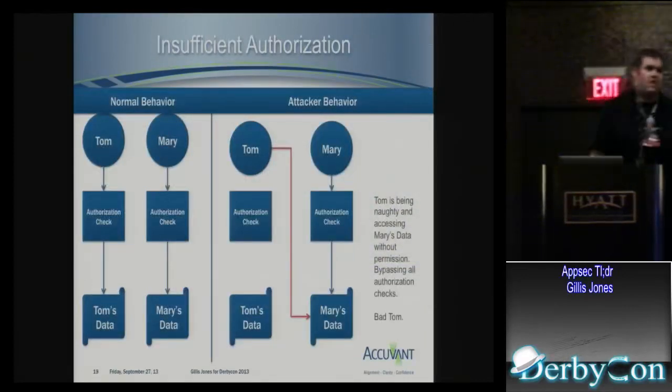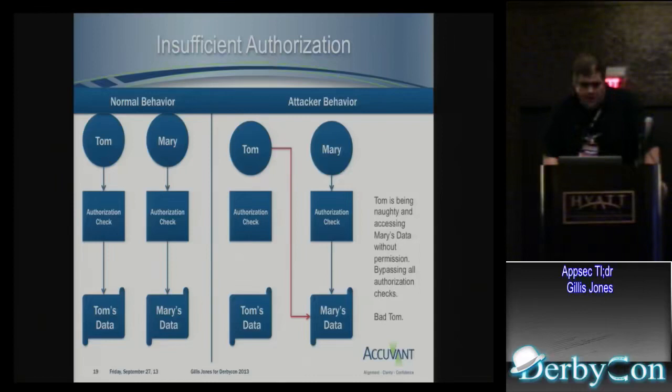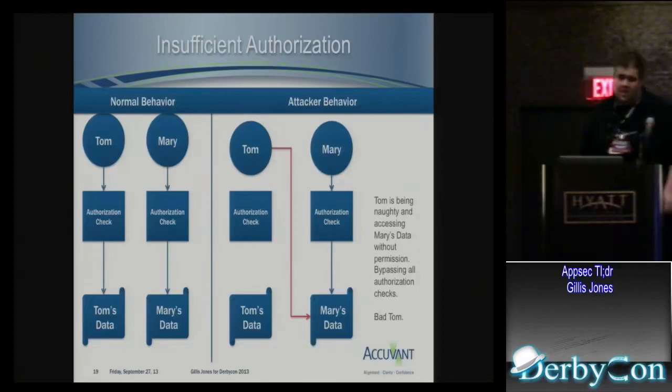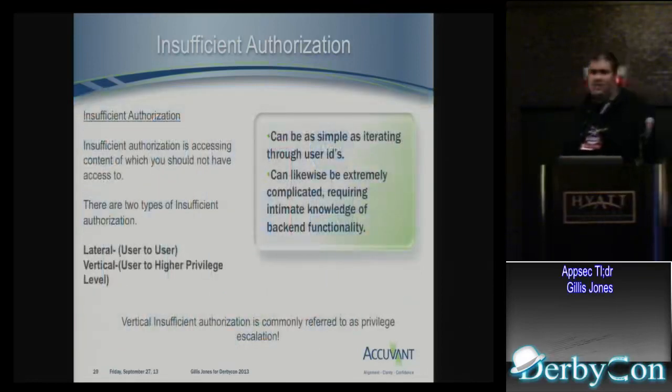Insufficient authorization is basically, typically you do an auth check as Tom to access Tom's data. Now, in this case, Tom is doing an auth check, but he's actually accessing Mary's data instead. Now, this is really bad because Tom shouldn't be able to see Mary's data. Not only because it's Mary's data and not Tom's, but because there could be potentially sensitive information there.